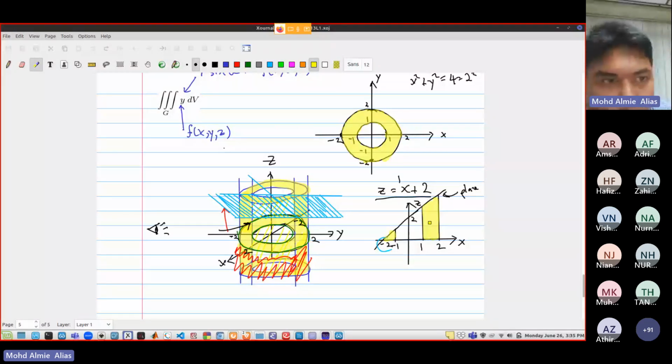And actually this is also colored yellow, which comes from the part here. But you can imagine that this is the cross section of the solid G. You have this part, this part, and this part.